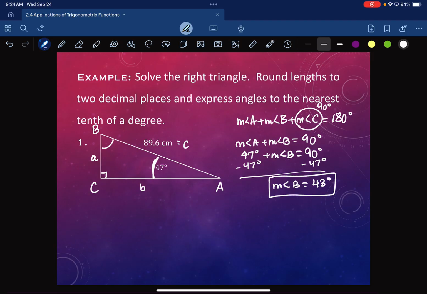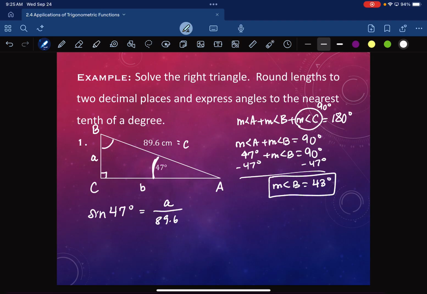If I want to find side A, and I'm working with the 47 at the bottom and I'm working with the hypotenuse over here, what trig function would I use to be able to do that? It's sine. So the sine of the 47 degrees is the opposite, which is A, over the hypotenuse, which is 89.6.